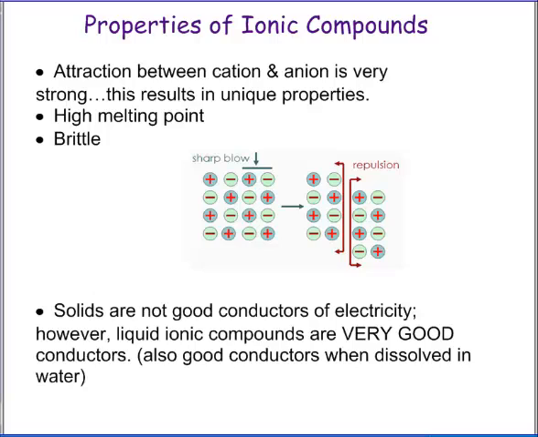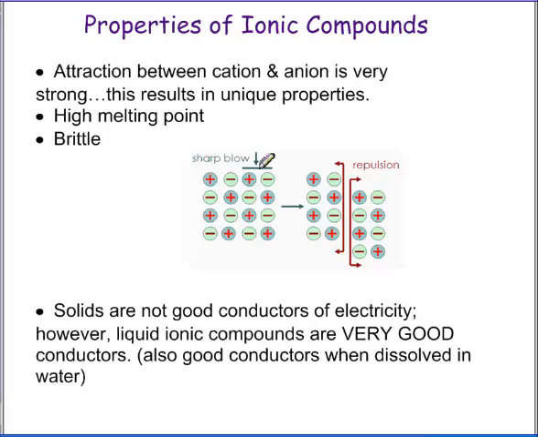So that attraction between the cation and the anion is very strong. So we have some unique properties, one being high melting point, so it takes a lot of energy to break those bonds. Ionic compounds are also brittle, and you can see here in the diagram they're brittle because of this arrangement of positive and negative ions, and you have to imagine this in a three-dimensional structure.